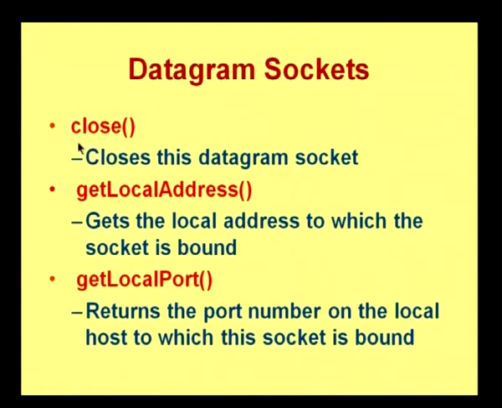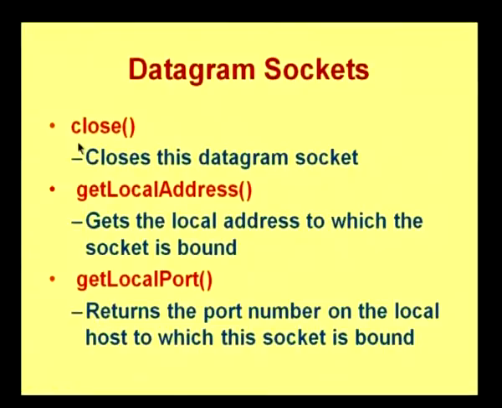Next, we will have a look at the methods we have in datagram sockets. First, close. Whenever I open a socket, I can keep on sending many packets, as we know. If I am trying to stop sending my packets, I can use close and then close my datagram socket. The next method is getLocalAddress, which returns the address to which the socket is bound.